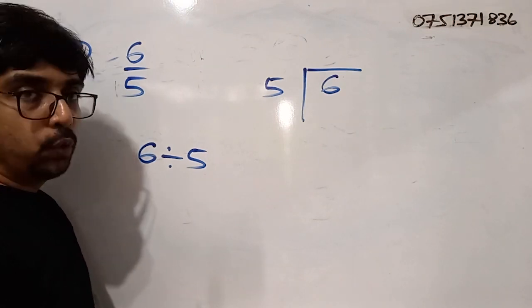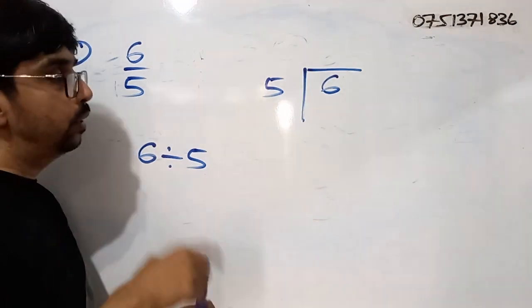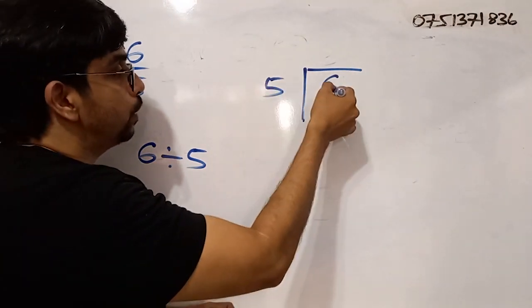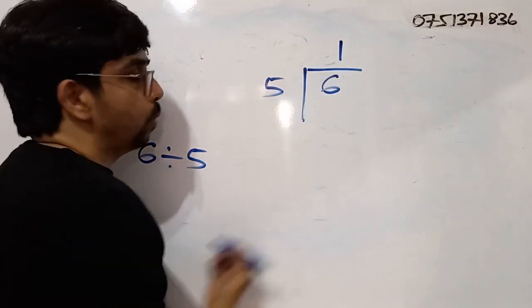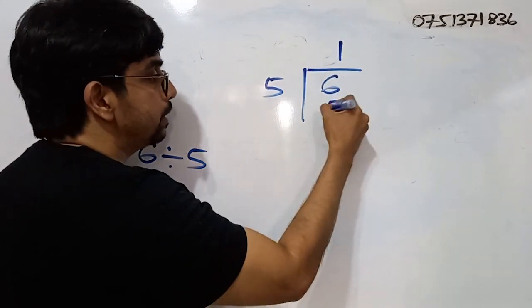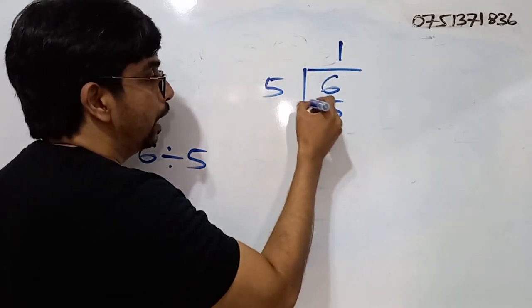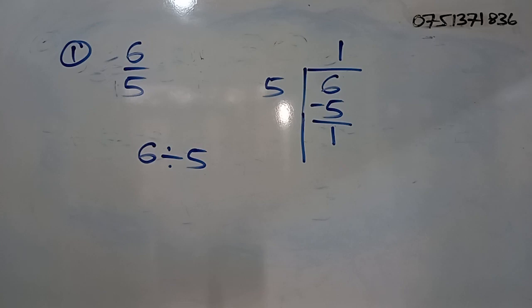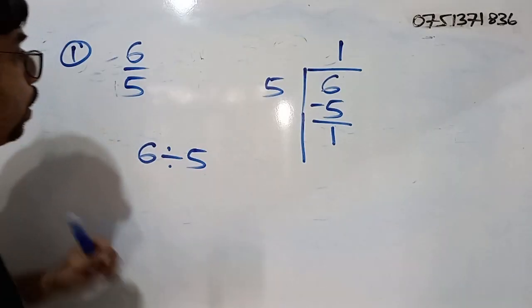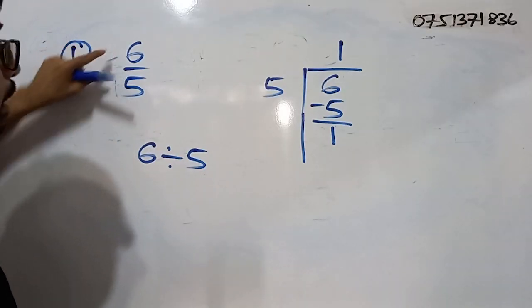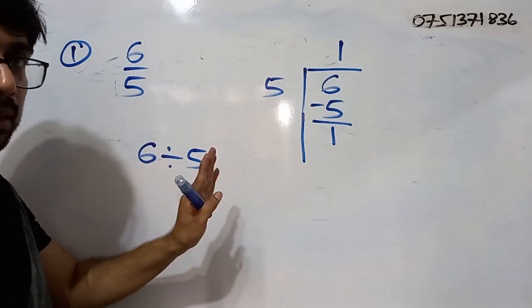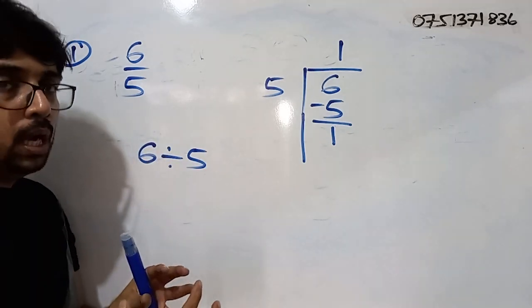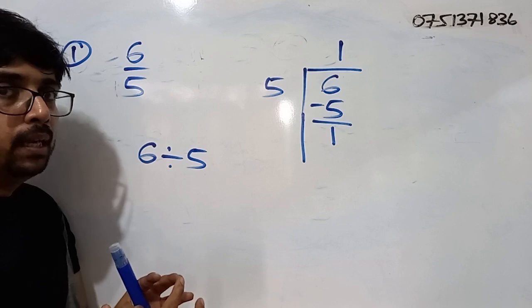So we have to use the long division. Okay. How many 5s are there to 6? We can go up to 1. 5 into 1, what is that? 5. 6 minus 5, what do we get? 1. Now, what do we have to do? We have to convert this fraction into what? A mixed number. We know a mixed number has what?